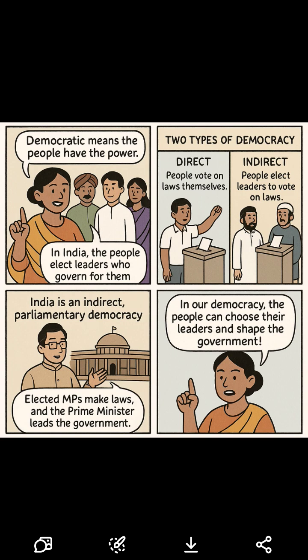India follows the parliamentary form of indirect democracy, where elected representatives make laws and the Prime Minister leads the government. Democracy ensures freedom, equality, and accountability in the country and allows people to shape the government peacefully through free elections.